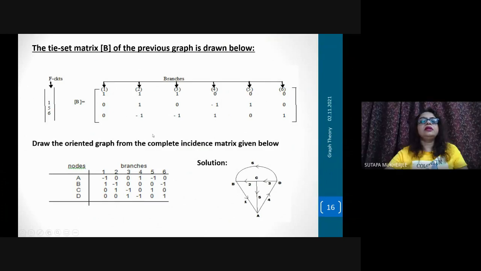This is the tie-set matrix. I'll share the PPT. What I have already explained with my digital pen, I think it is clear now. The fundamental circuits are 1, 5, 6, and the branches are 1, 2, 3, 4, 5, 6. And how can you put the position with the sign convention? Is it clear to all of you? I think it is clear, right? Yes, ma'am.